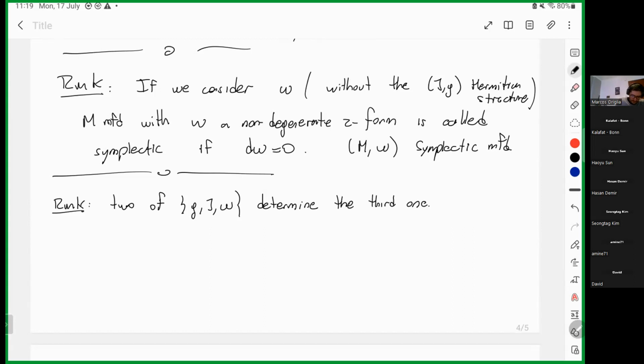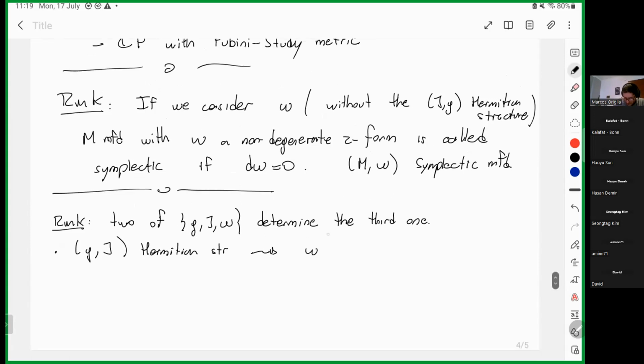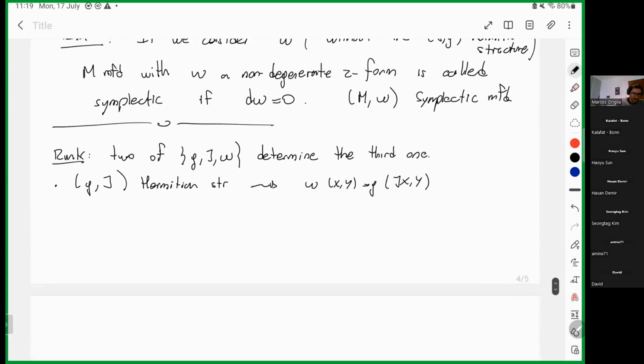So what I mean by this is, for instance, the Hermitian metric and the complex structure, the Hermitian structure, we already see that we can define omega as we did, right? So that's the easy part. So this is a two form, non-degenerate.